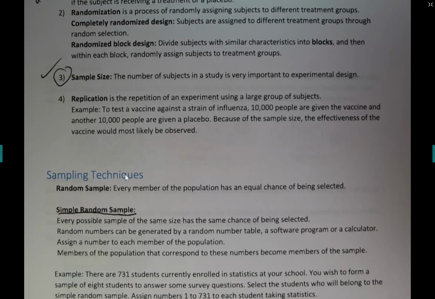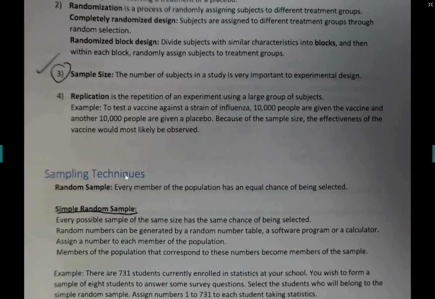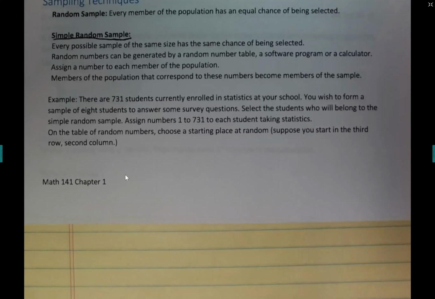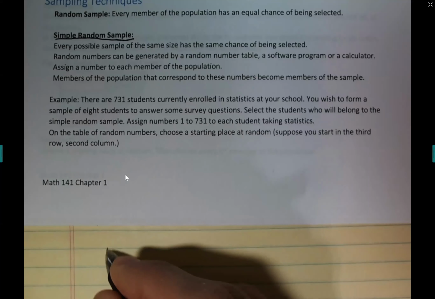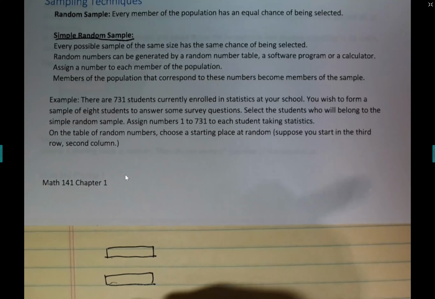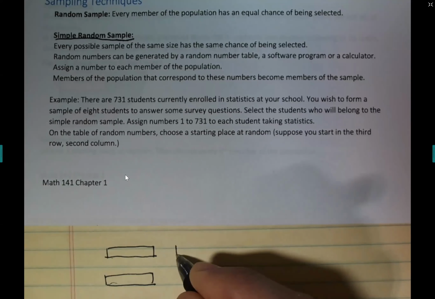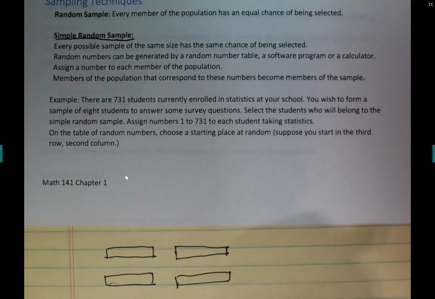But I'm going to give you an example, guys, of a sample that turns out not to be a simple random sample. So I'm just going to draw that, and you tell me why this is not a simple random sample. So here's the example. Watch. You are in the class and you are seated in rows, and I have 6 rows, 5 students sitting on each row.